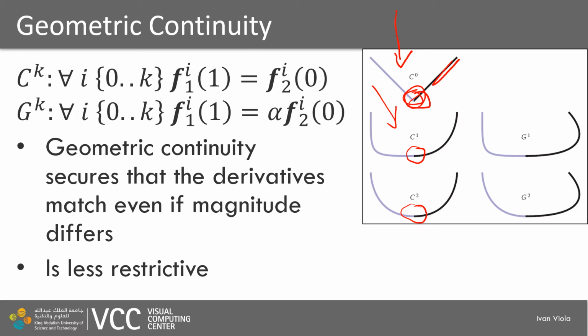C2 continuity has the same curvature value at this point. So we can see that there is a clear smoothness, and this will be, for example, advantageous if we want to perform a camera path also across such a point.